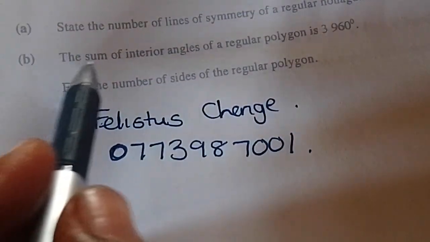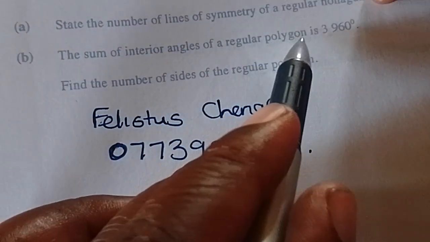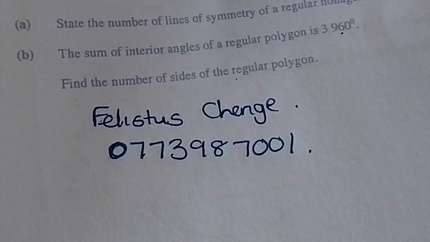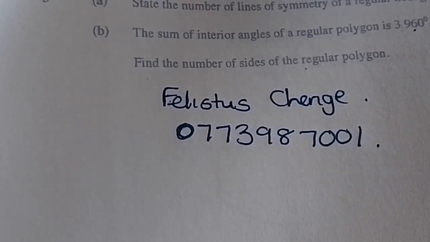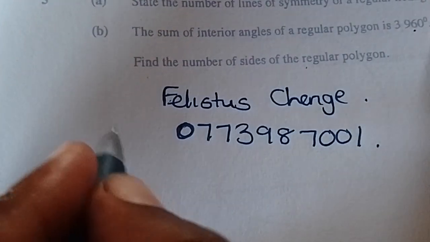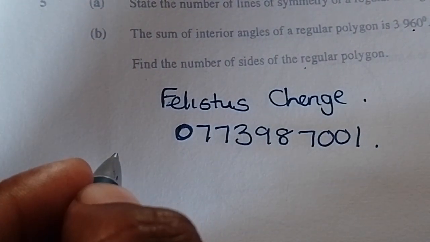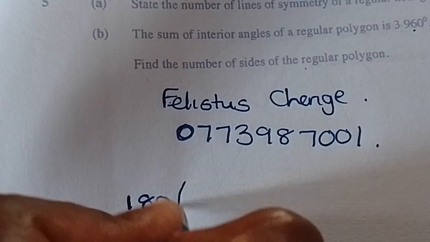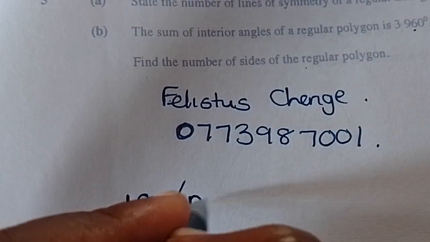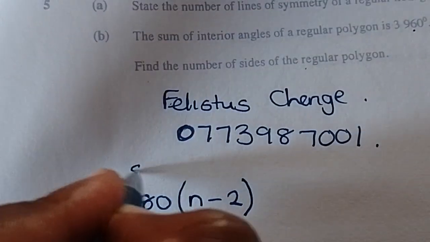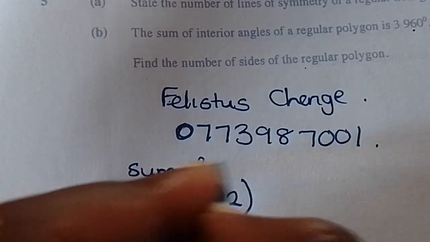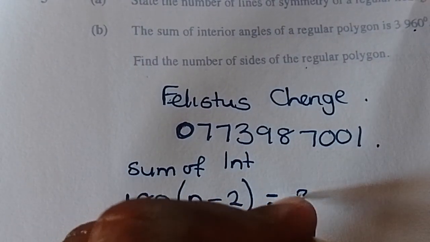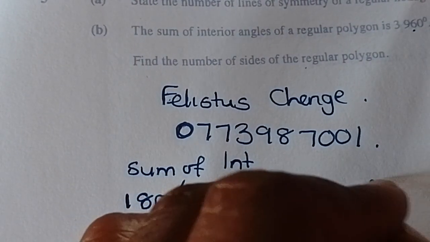Then B, the sum of interior angles of a regular polygon is given. Find the number of sides of the regular polygon. So the sum of interior angles is equal to 180 multiplied by n minus 2. So it's equal to 3,960 degrees.